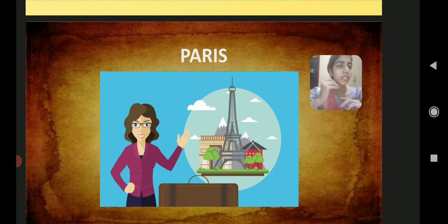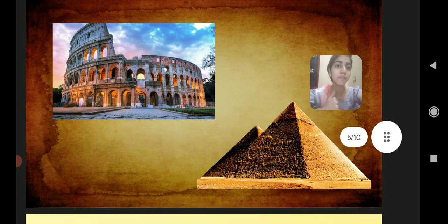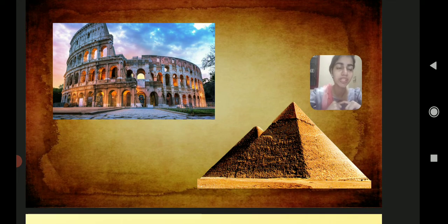Now it was used during the ancient times. During the Roman civilization, people used to make use of this gypsum. And once what happened, there was a fire accident.